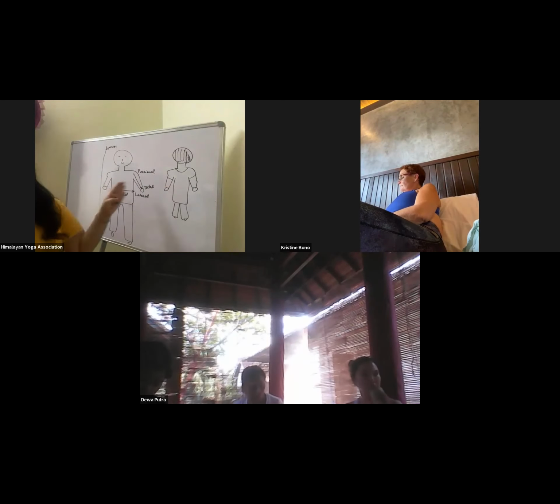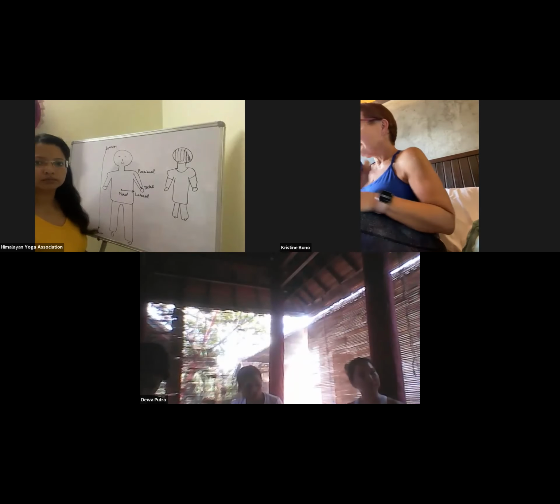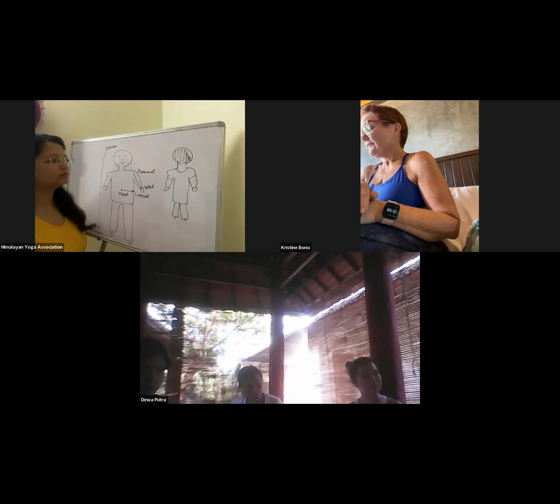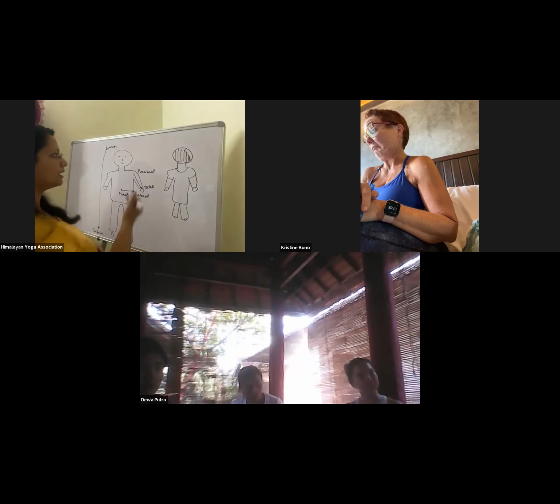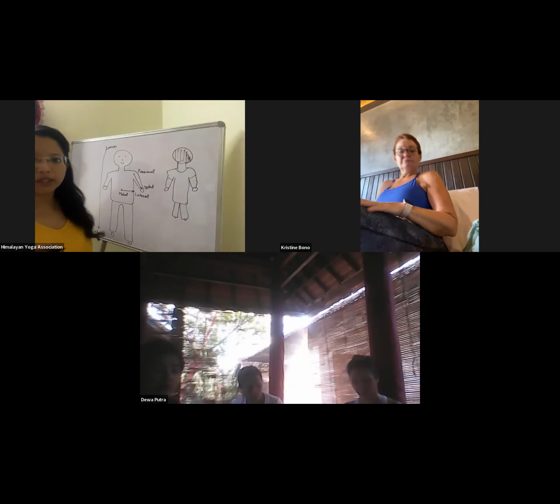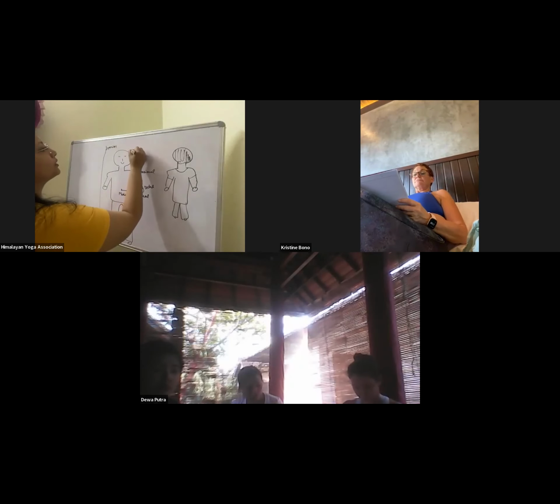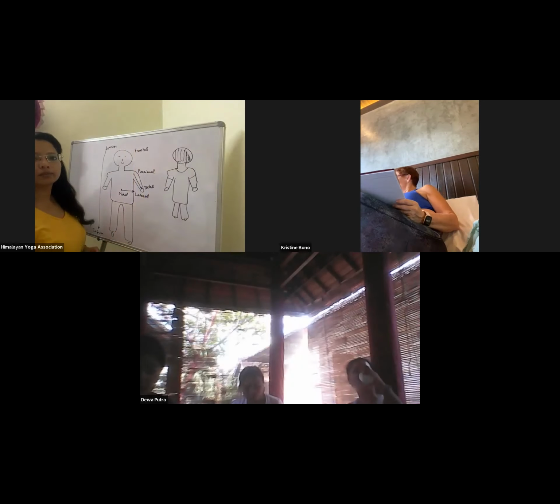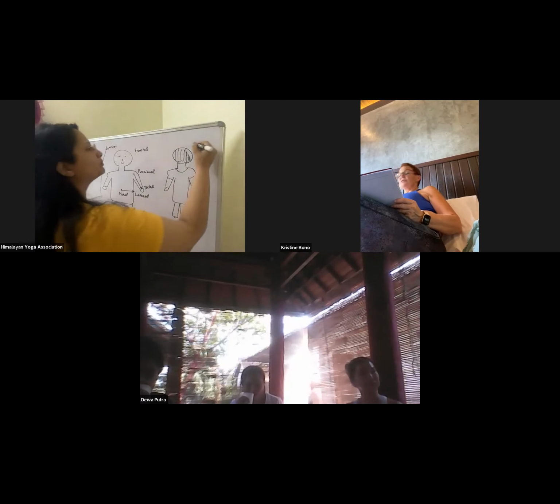So what are the anatomical terms for front and back? The frontal plane. Yes. Not plane. I'm not talking about plane. Okay. The view. Frontal and? I thought it was ventral and dorsal. Posterior.